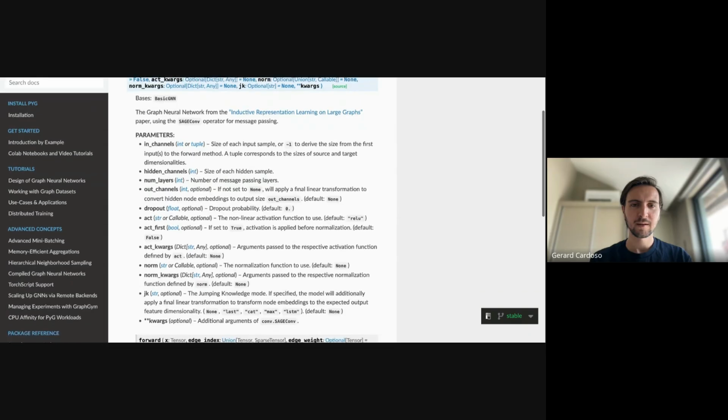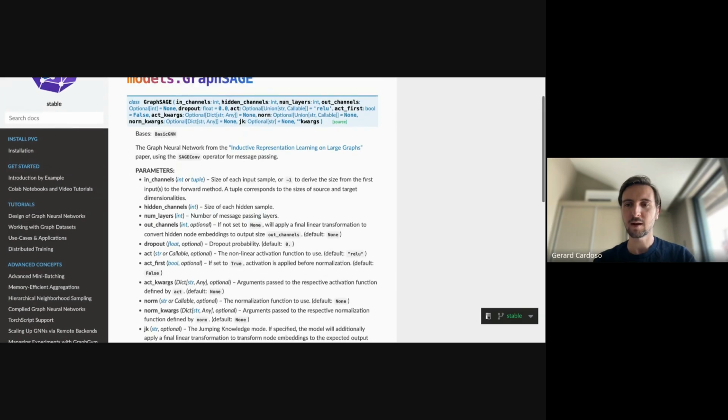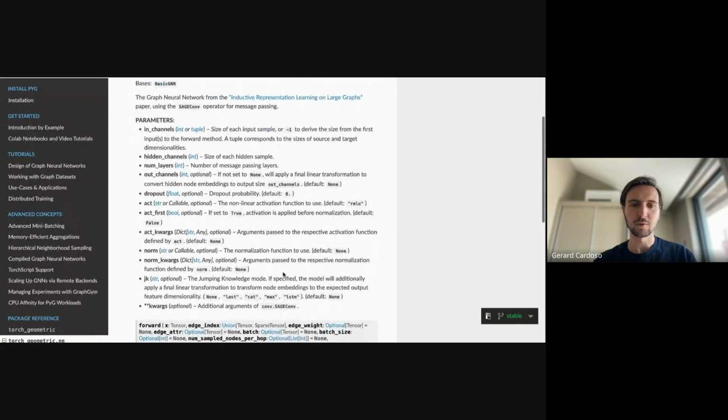If you want to play around with different aggregator architectures, you have to provide them as separate keyword arguments for this SAGEConv, and they provide a few different aggregations.